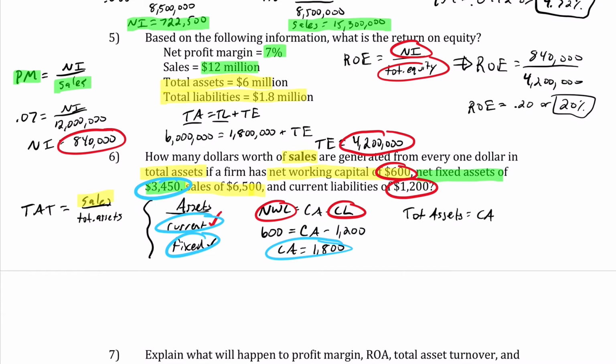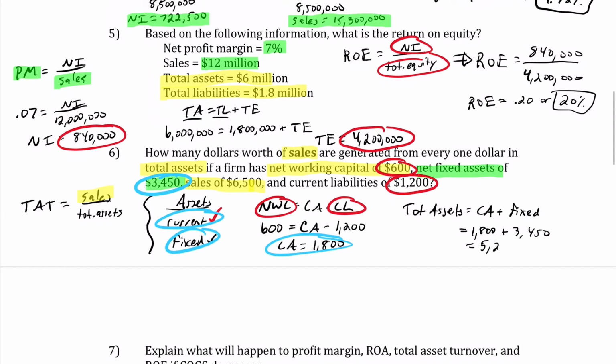So total assets is current assets plus fixed. Current assets are 1,800. Fixed assets were given at 3,450. I add those two together and I have total assets then of 5,250. So I have my second part of my equation.